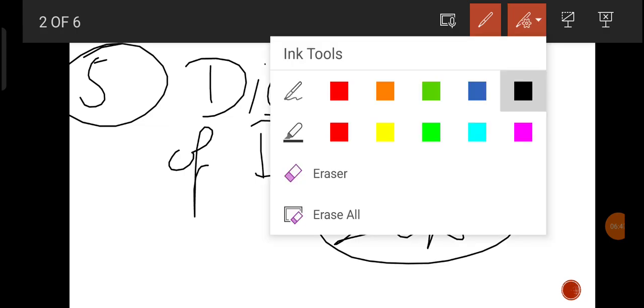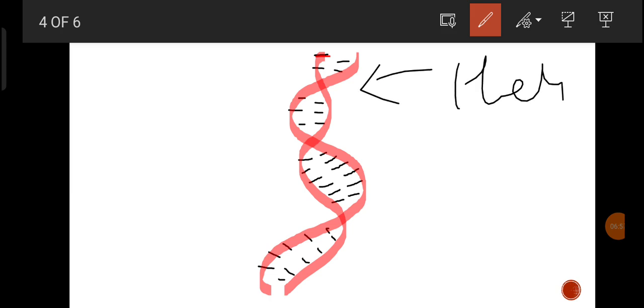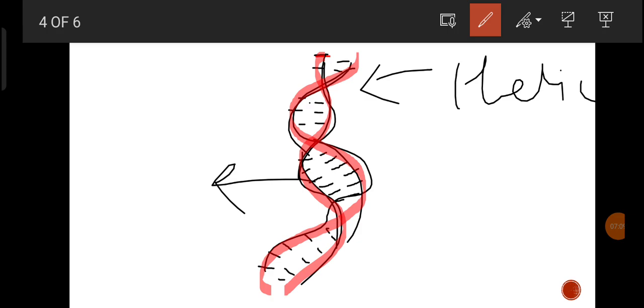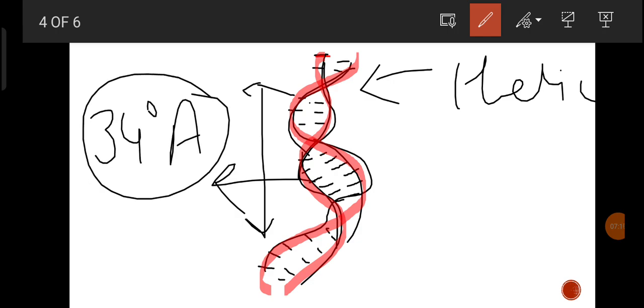So I will discuss all this in this diagram. You can see this is a helical structure. DNA is a double helical structure, and you can see there are two strands of the helix. One helical turn, from this to this, is about 34 angstrom, that is 3.4 nanometer.